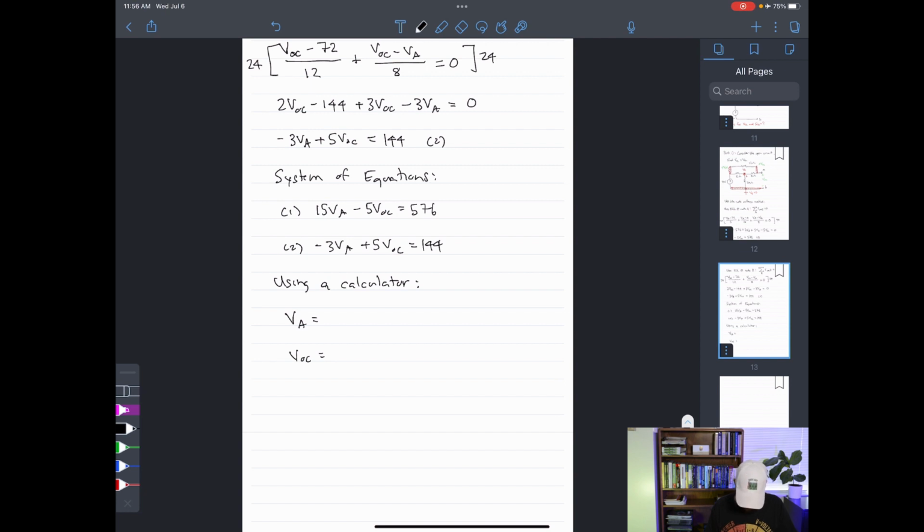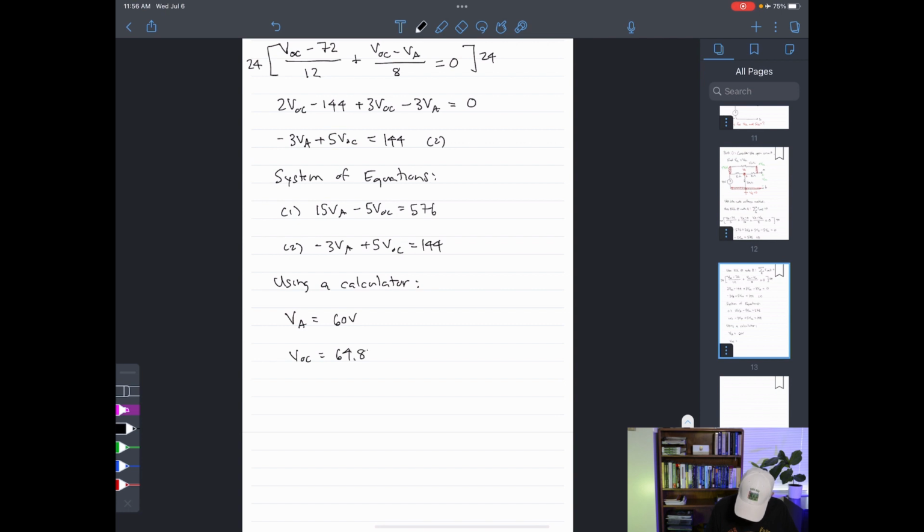And the other one is negative 3 VA plus 5 VOC is equal to 144. And when I solve this, I get VA is 60 volts and VOC is 64.8 volts.